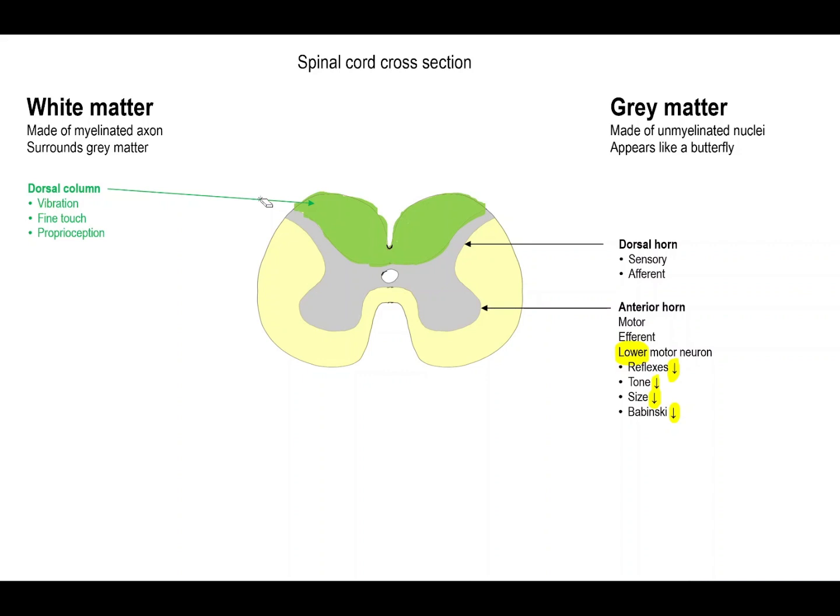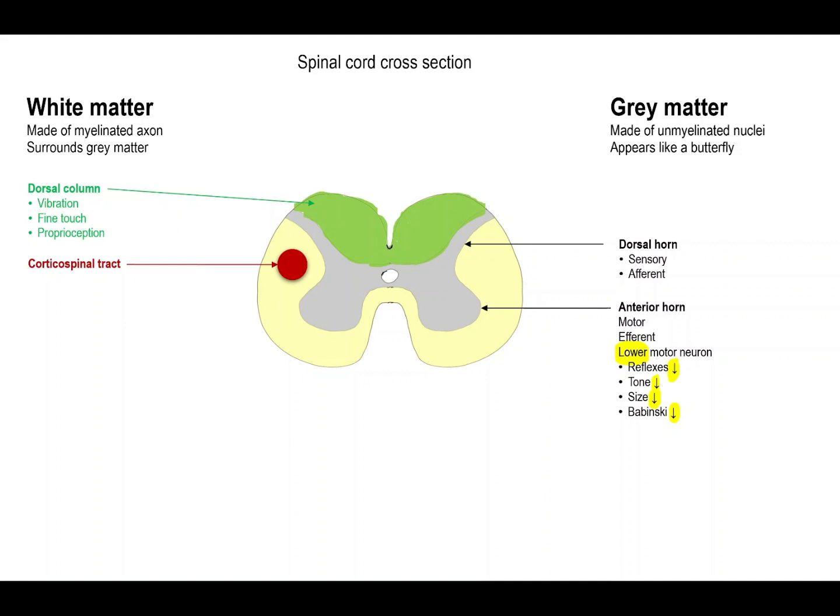In the lateral column, there is a small part or region, which I represent by this red circle. This red circle is called the corticospinal tract. The corticospinal tract is made of fibers, primarily of motor aspect. So the corticospinal tract is strictly responsible for movement, voluntary movement.